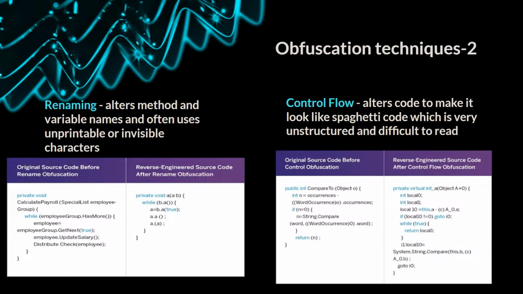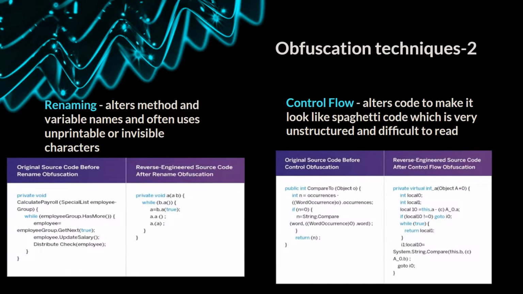The first one's pretty simple, renaming. So basically it goes through and alters the method and variable names, and often uses unprintable or invisible characters. Obviously, coding 101 is you should give good variable names and function names to help yourself remember what they do.